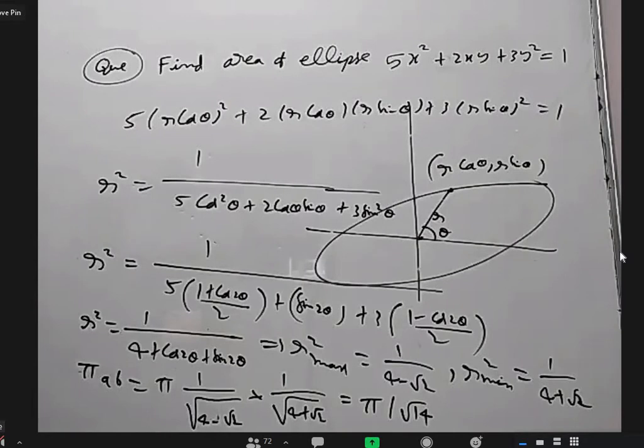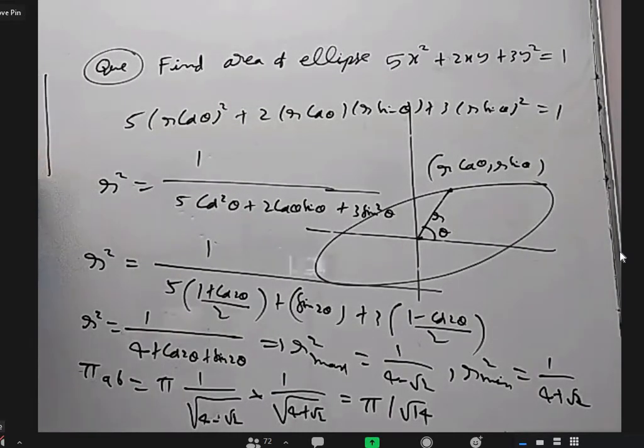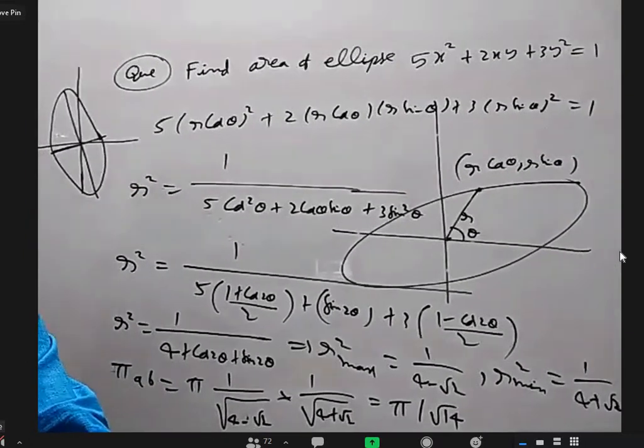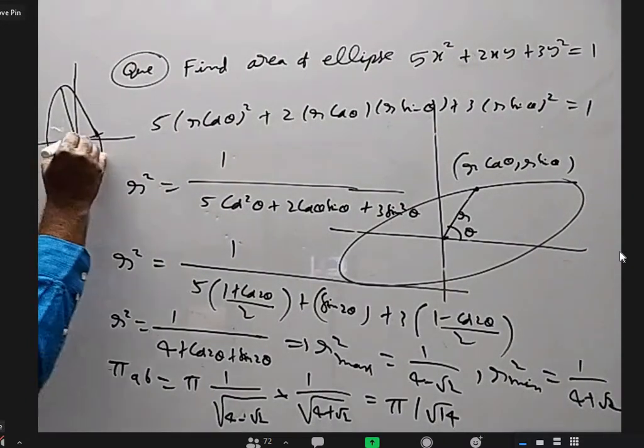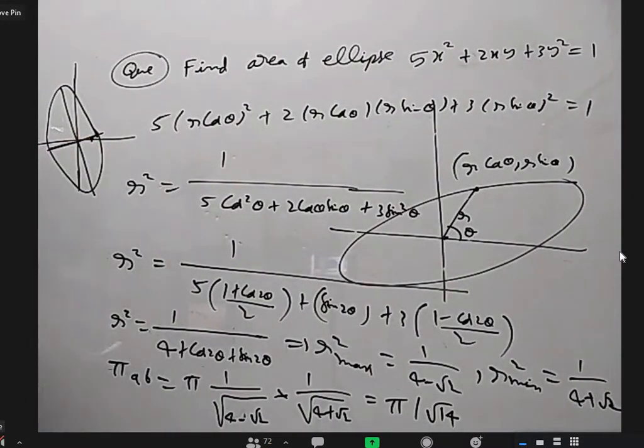If I take the proper figure of this ellipse, I'll tell you how it will be. It will be like this: major axis like this, minor axis like this. You know why? Just now we said R will attain minimum when this angle is pi by 8. That means I know the equation of the minor axis now, because the inclination of the minor axis is pi by 8.